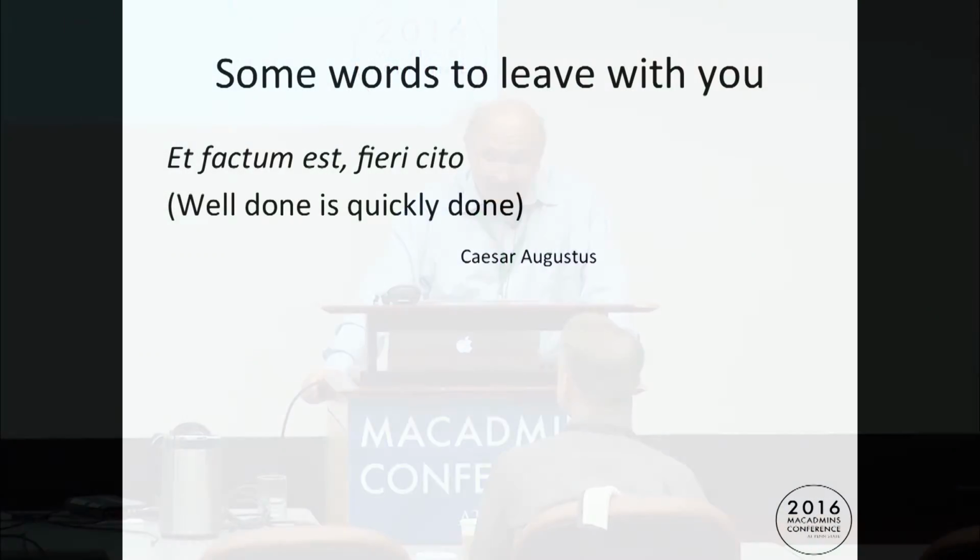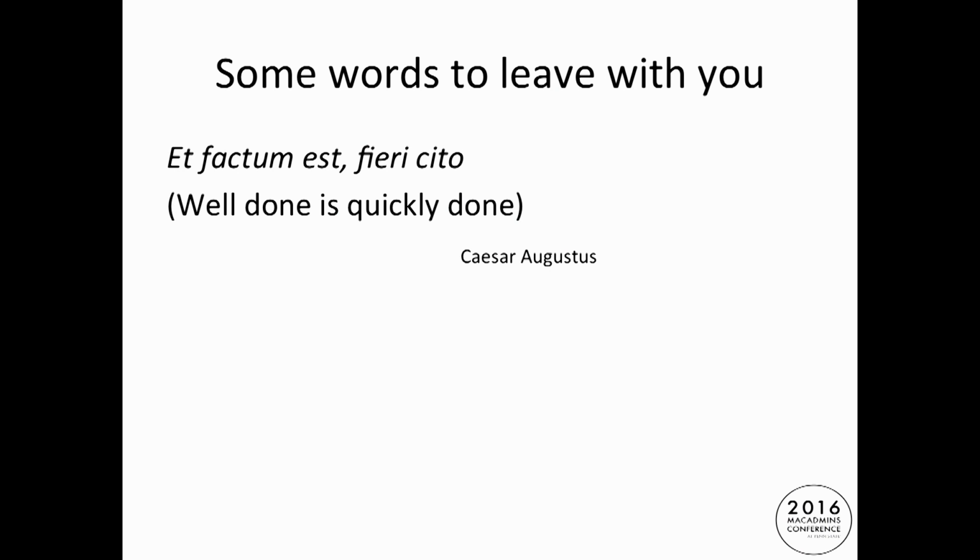And here's your Latin. Et factum est fieri cito. Well done is quickly done. So if you remember anything from this talk, go away with this tiny piece of Latin and you can impress your girlfriend or your boyfriend. Okay, we won't go there.